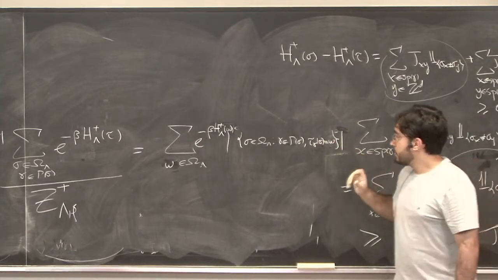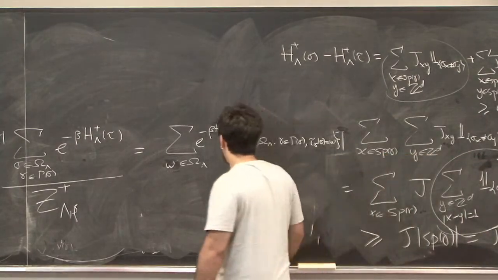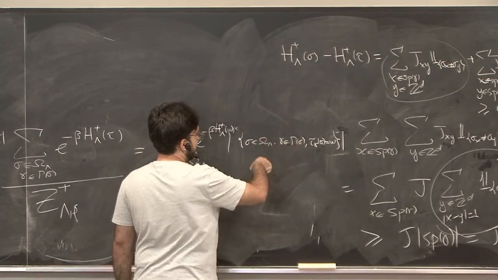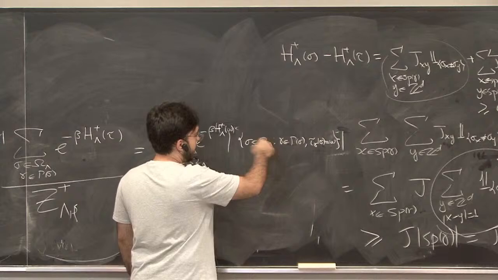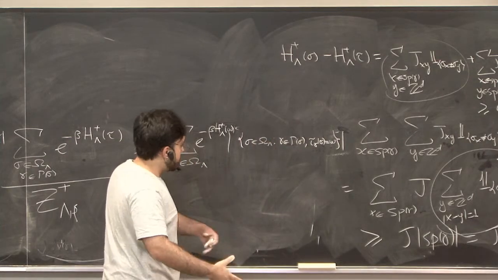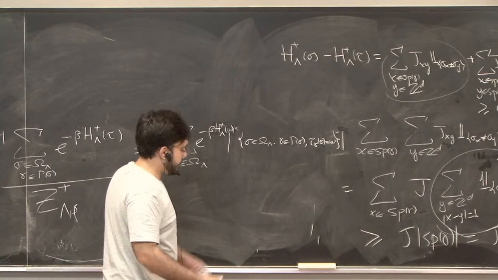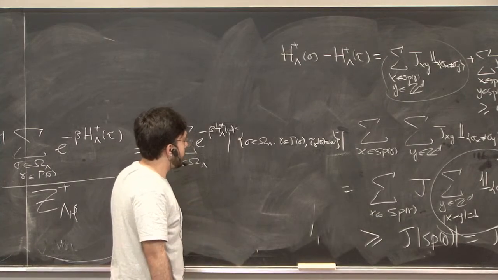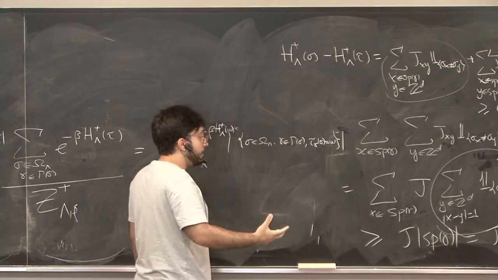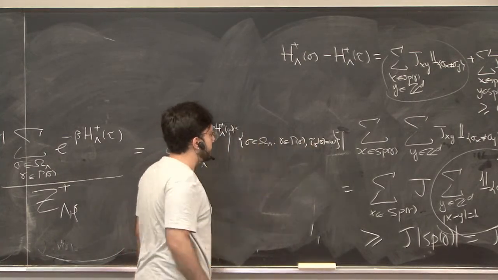Okay, so what are the degrees of freedom of this set? How many points do we have here? So okay, suppose that now we have fixed what is happening outside gamma for configuration omega, and it happens to be equal to sigma.